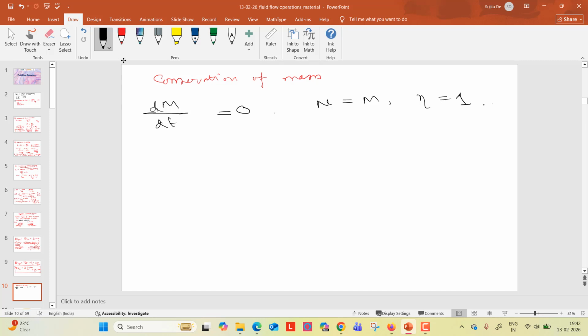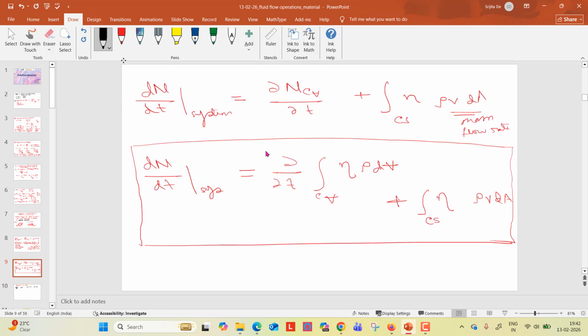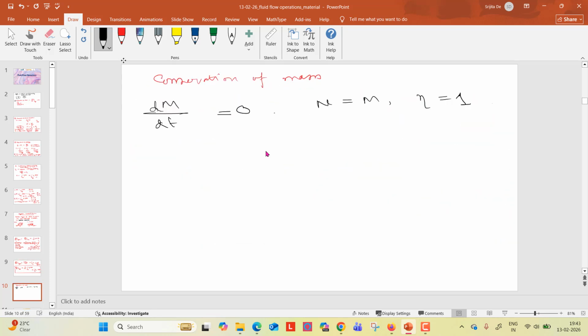So now we will replace this in the equation of Reynolds transport theorem. dm/dt equals 0 means the left hand side will be 0 equals del t of the integral over control volume of rho dV, because eta is 1, plus the integration over control surface of rho V dA, because eta is again 1, right? So this is the equation of conservation of mass.